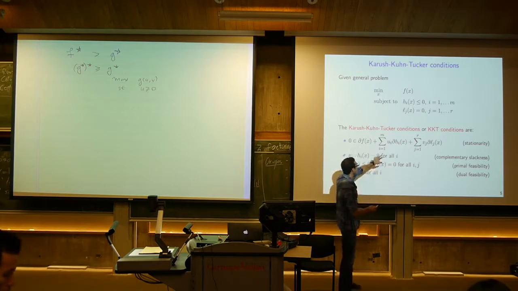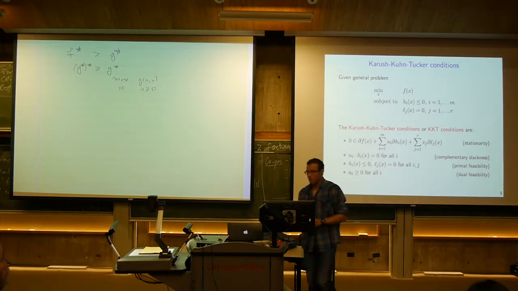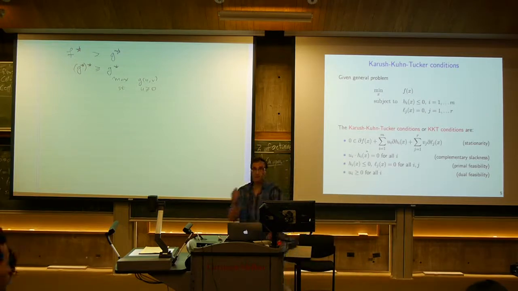The first condition is that if I were to look at that u and v, evaluate the Lagrangian, think of it as a function of x, and take the subgradient, then I must have 0 as a subgradient at the point x. So you can think of this as saying that x minimizes the Lagrangian at the point u and v, from our subgradient optimality condition. With u and v fixed, x minimizes the Lagrangian.